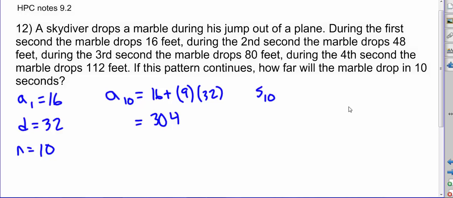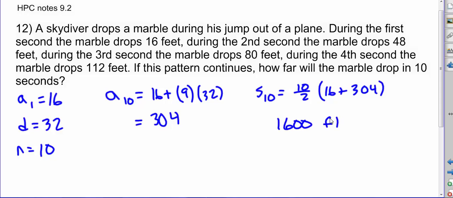To find the total distance the marble drops in 10 seconds, we would do 10 divided by 2 times the first term, which is 16, the distance in the first second, and then the last term, 304, which gives us a grand total of 1,600 feet.